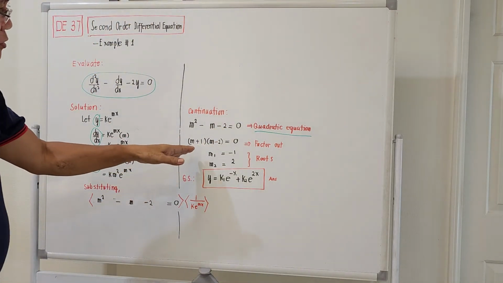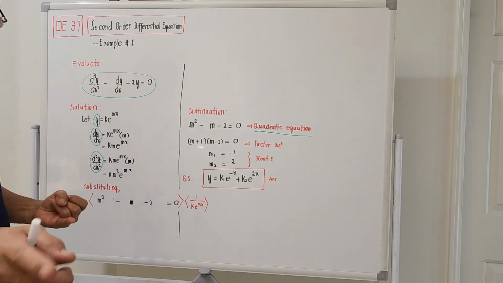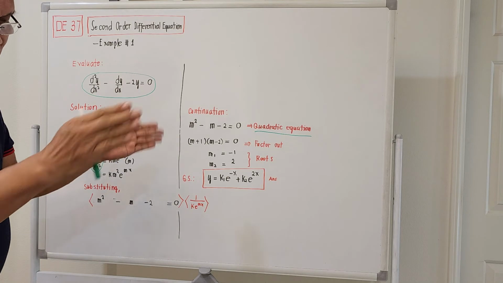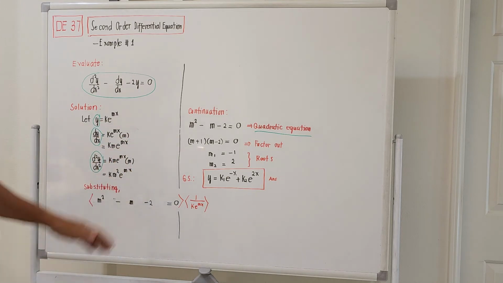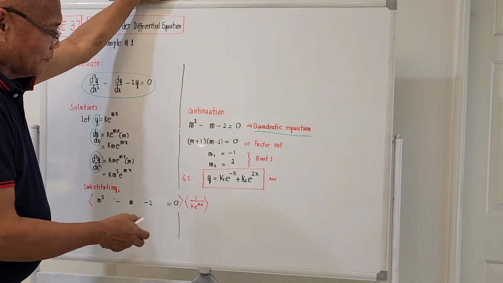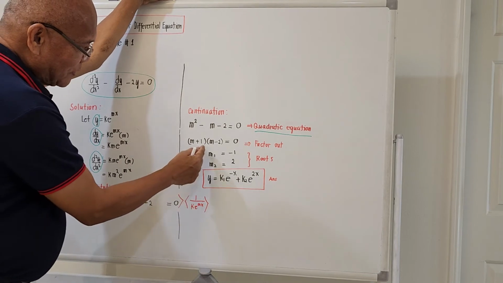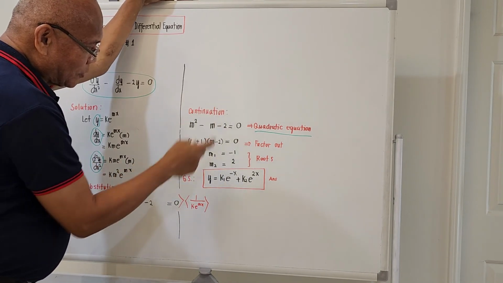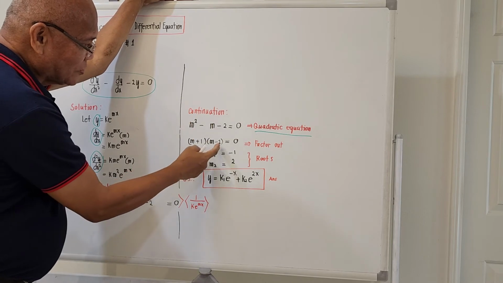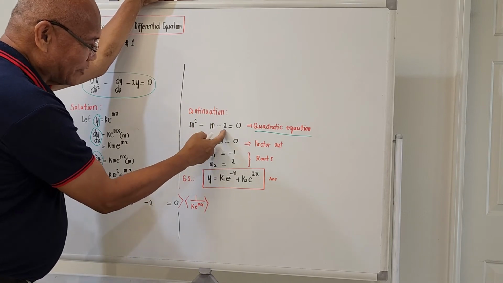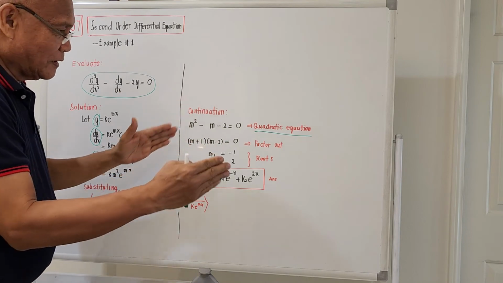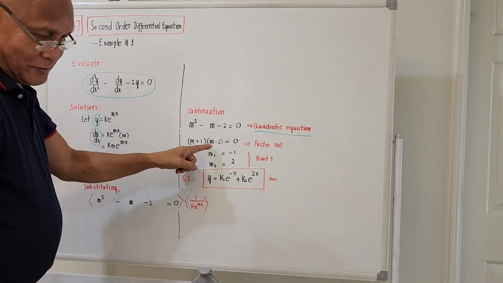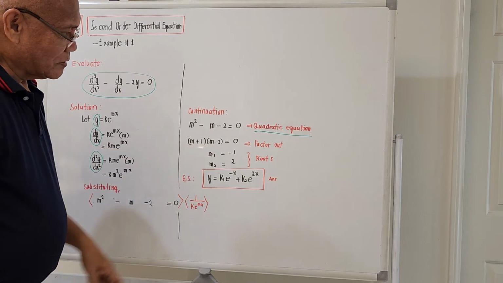Here, we can solve for the value of m by using the quadratic formula, or by factoring if it is factorable by inspection. I think it is factorable by inspection. The middle term is plus m minus 2m, so it will be minus m. And the pure constant should be minus 2, which is minus 2 times plus 1. So the linear factors are the quantity m plus 1 times the quantity m minus 2 equal to 0.